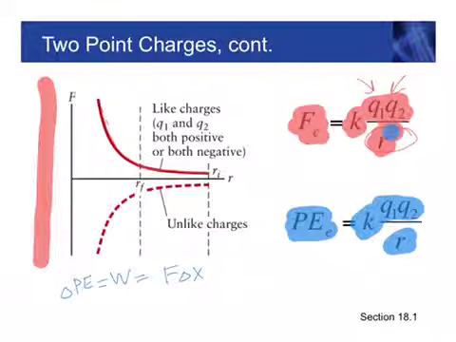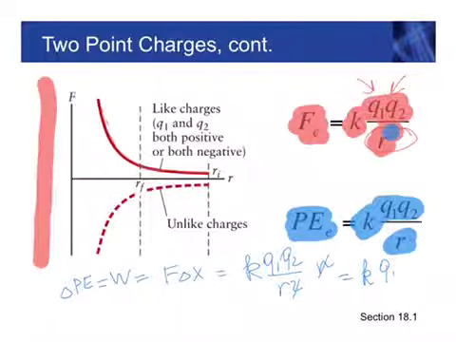If force is given by k q1 q2 over r squared, and displacement is kind of r, so r squared cancels out here, you would have the expression for potential energy k q1 q2 over r. This is in no way a correct way to derive this formula, but it gives you an idea why we have this expression for the potential energy of a system of two particles.